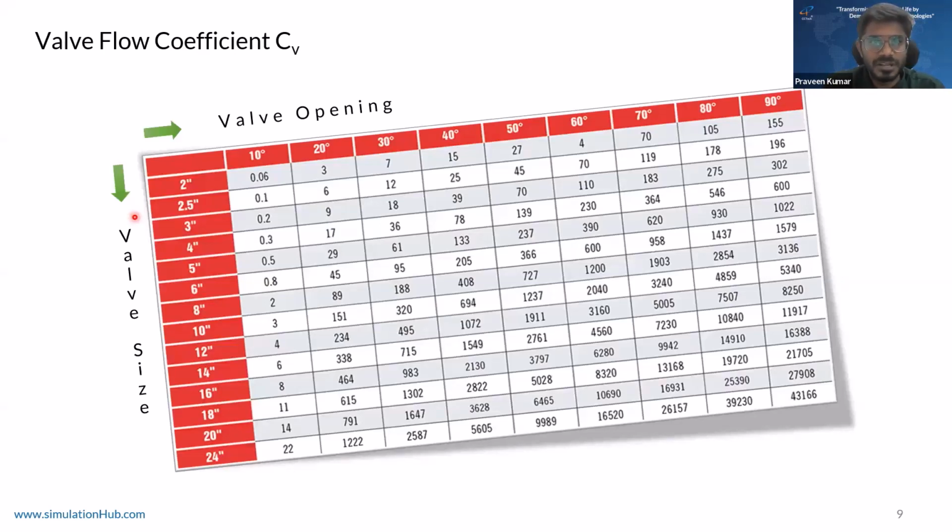This is called Cv, the valve flow coefficient. This number indicates something. Column-wise, there is the valve opening, either the angle or the percentage of travel, and row-wise it is the valve sizes, and these numbers are the Cv data.